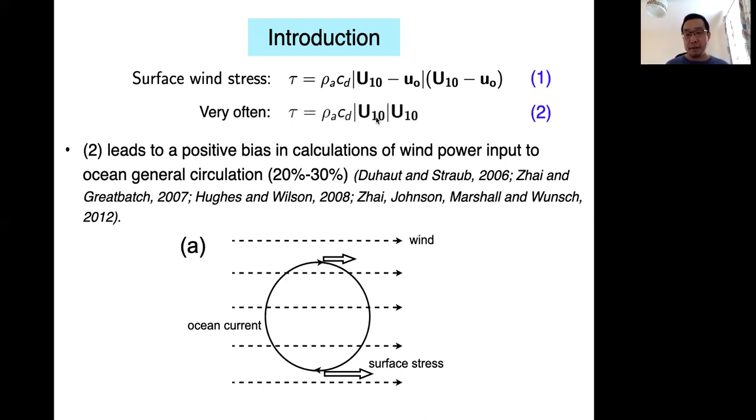So this overestimate can be as large as 20 to 30%. So it's quite large. If you think about the ocean being forced energetically 20 or 30% stronger, then it will have implications on the ocean circulation and also on the role of the ocean in our climate system.